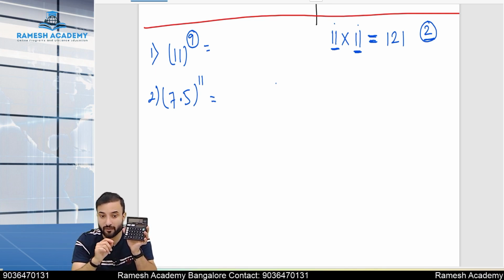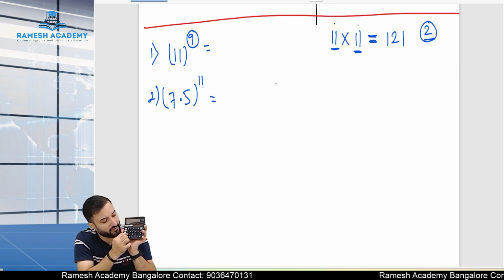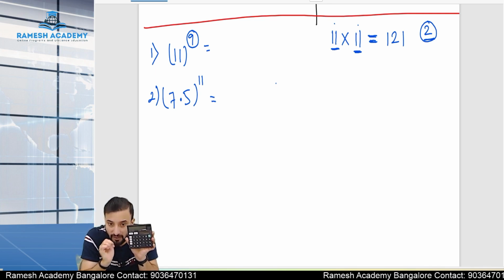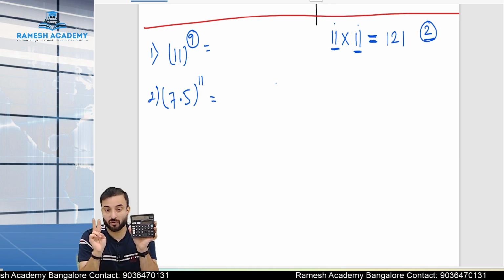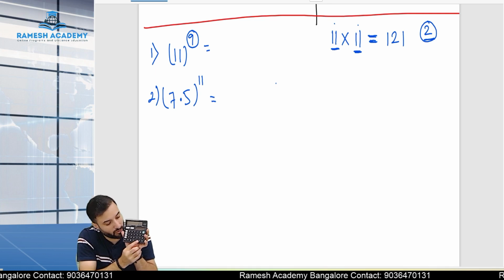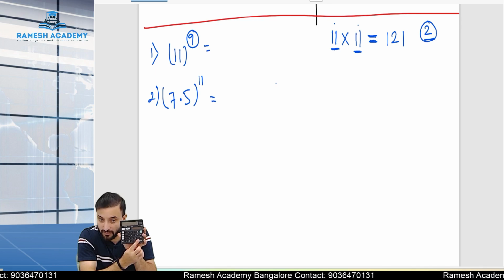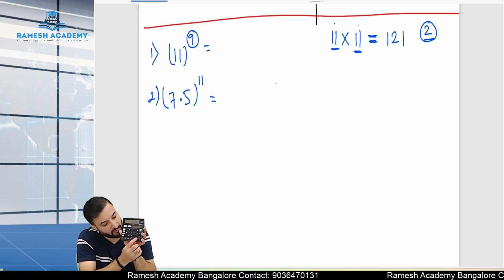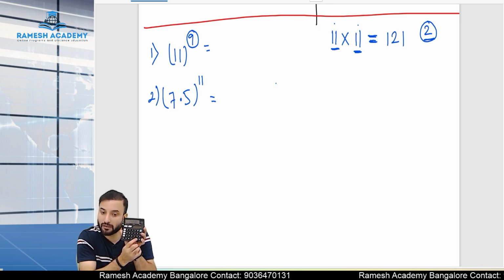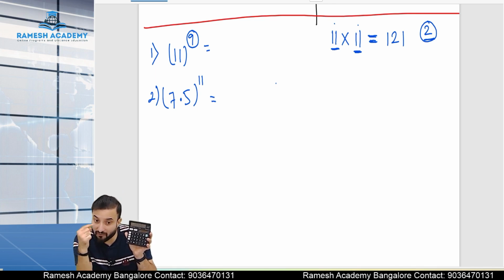So again 11 into 11 equals to, 2 times. But we have to go till 9 times, so after that we press the equal button 2 times over, then 3, 4, 5, 6, 7, 8, 9.